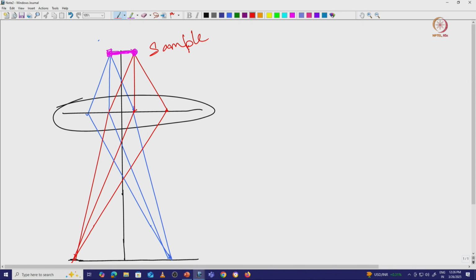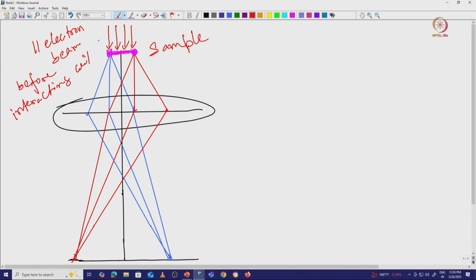Before that, the electron beams are all coming like this, and we are considering these to be parallel electron beams before interacting with the sample. Okay. So, always remember this, we are always considering our electron beams are parallel electron beams.